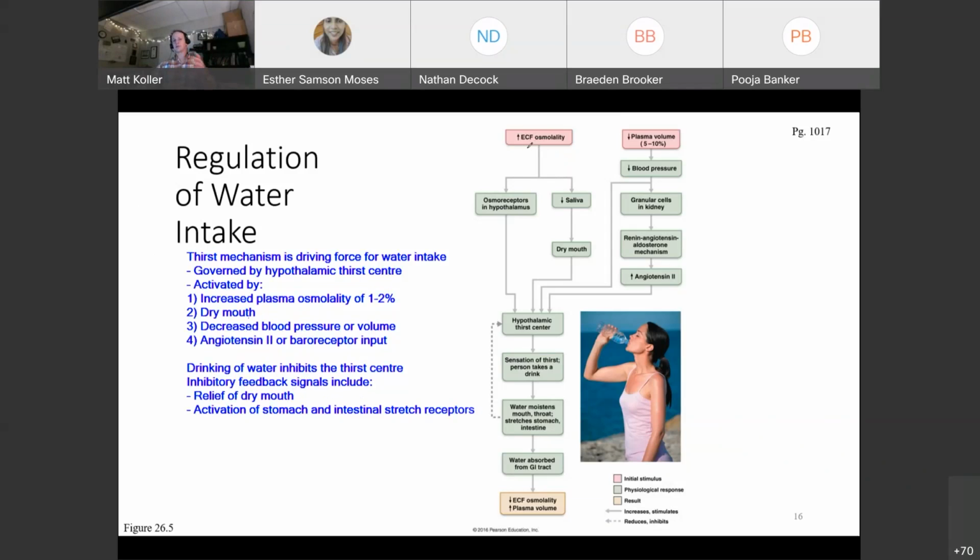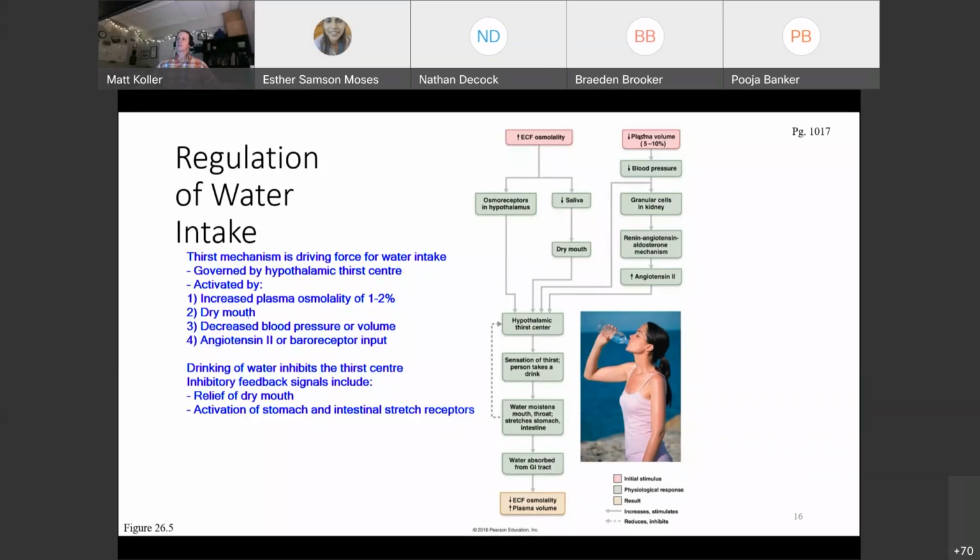That means the fluid around the cells and the fluid in your blood per given volume has more solutes, more stuff dissolved in it. So this will activate the osmoreceptors in the hypothalamus. And also you're going to have decreased saliva and you're going to get a dry mouth. So we'll just follow these two pathways, which lead here to the hypothalamus thirst center.